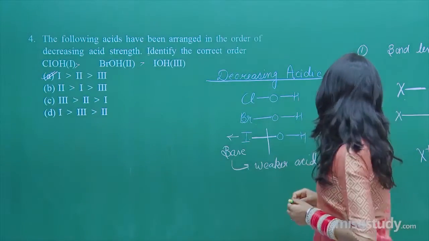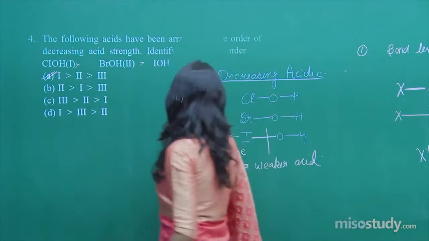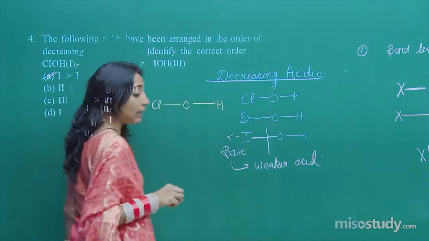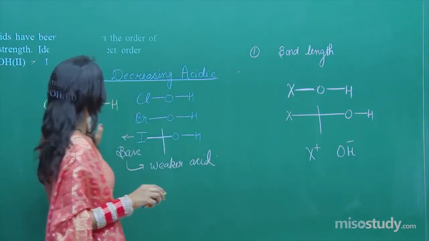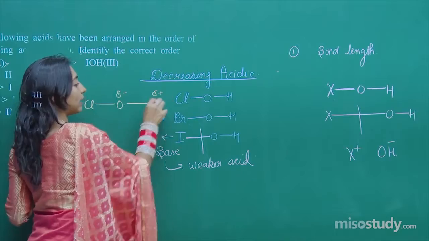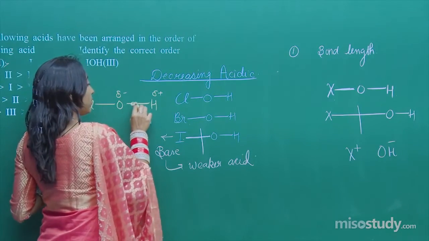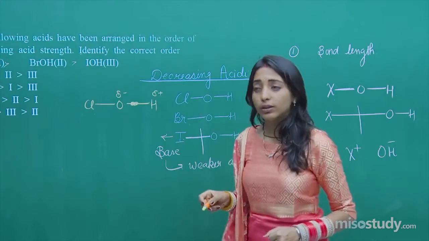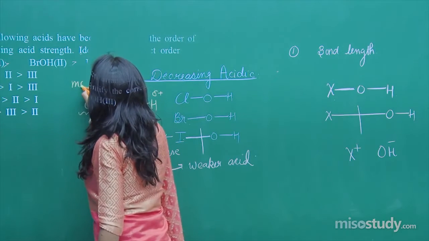Now if I move on to the second explanation, see here carefully. I can say it depends upon the electronegativity of this atom X. This O will have a delta minus, H will have a delta plus, and the pair of electrons will be more towards oxygen and less towards hydrogen.